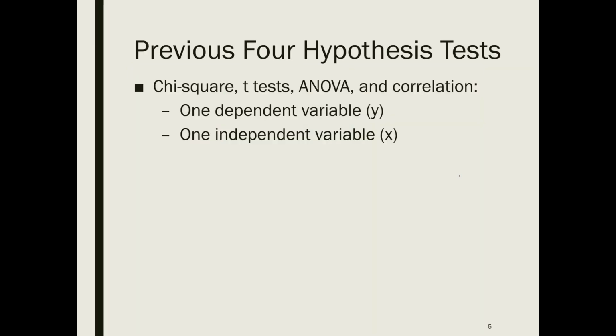Okay, so in the previous four hypothesis tests, whether it is the chi-square, t-test, ANOVA, or even correlation, we were always focusing on one dependent variable and one independent variable. So they are used to explain the relationship between only two variables, right?